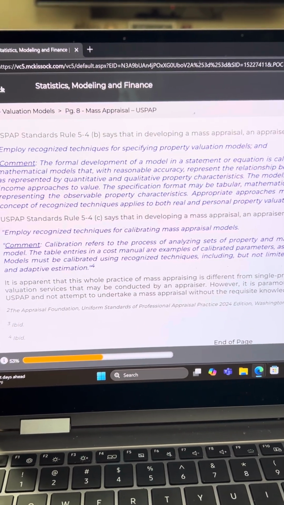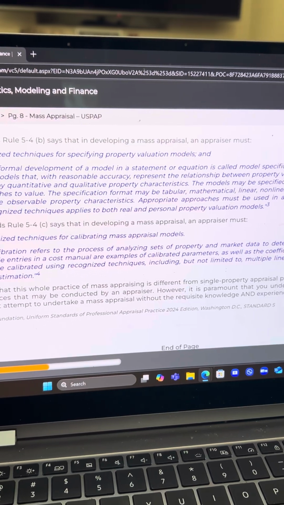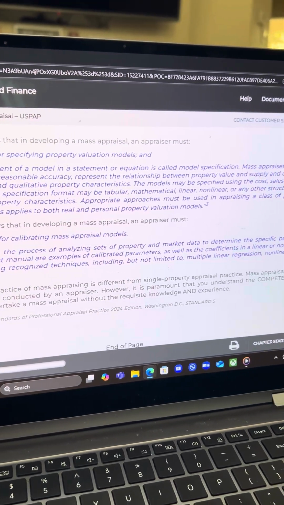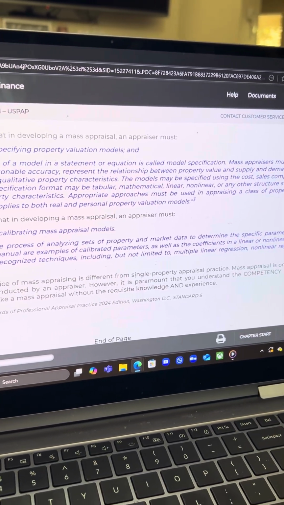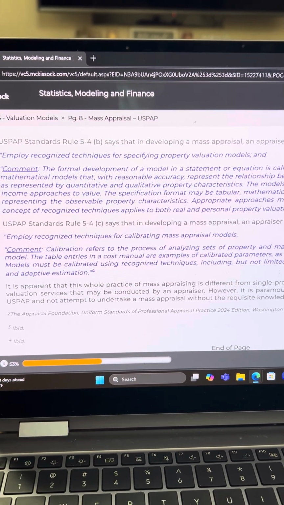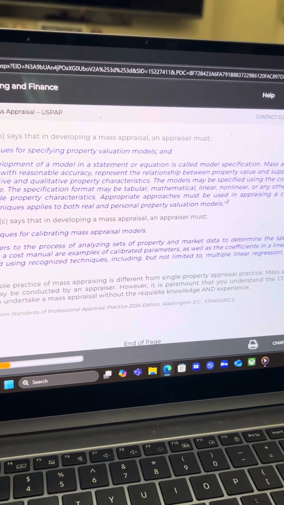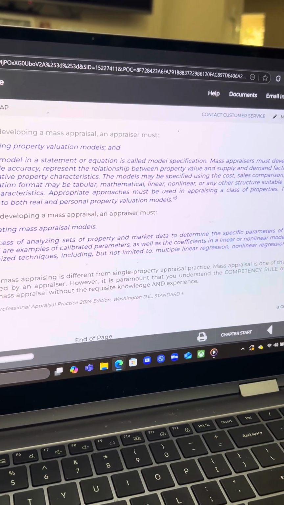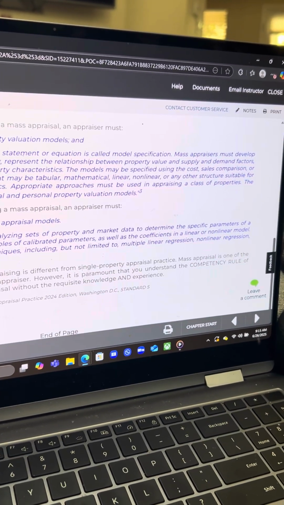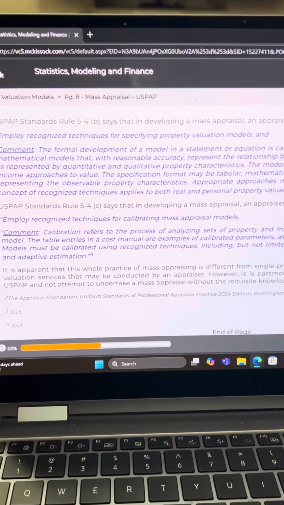Mass appraisers must develop mathematical models that, with reasonable accuracy, represent the relationship between property value and supply and demand factors, as represented by quantitative and qualitative property characteristics. The models may be specified using the cost, sales comparison, or income approaches to value.